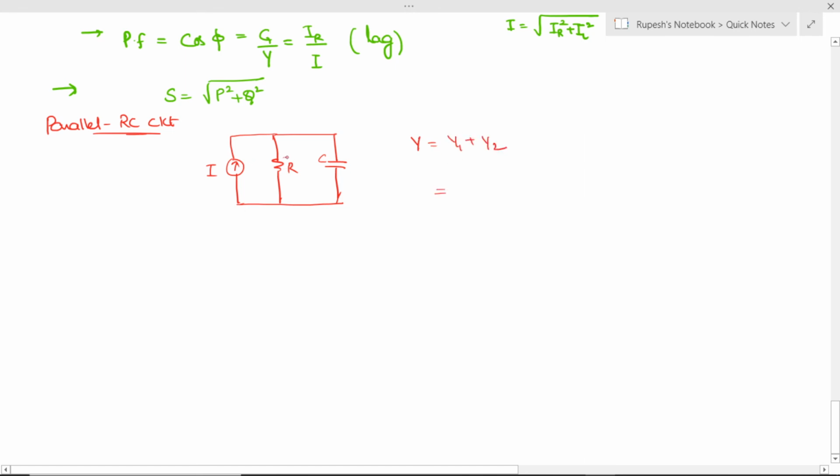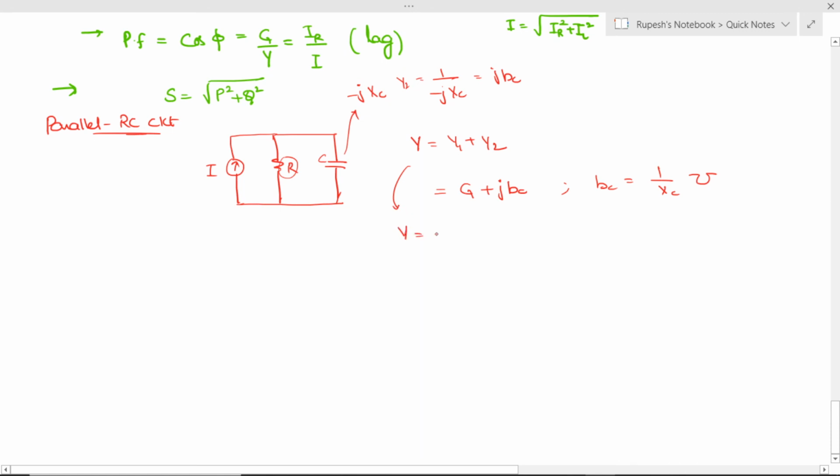Y1 is G, as there is the resistance, and here the impedance is minus j into XC. Obviously, Y2 will be 1 by minus j into XC, that is, j into BC. So Y2 will be plus j into BC, where BC is 1 by XC.